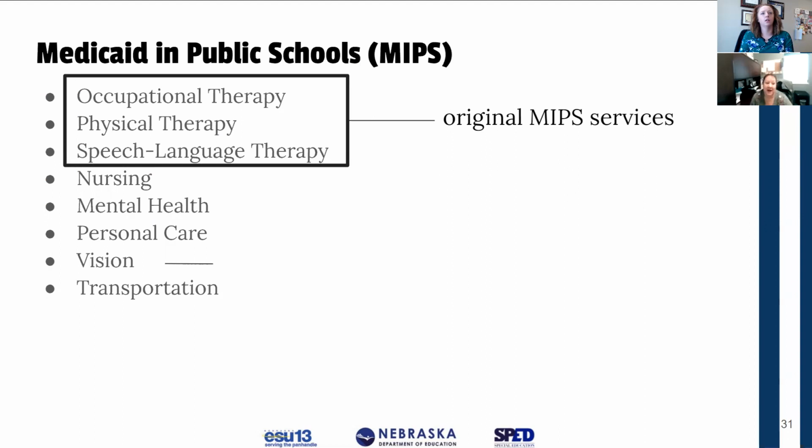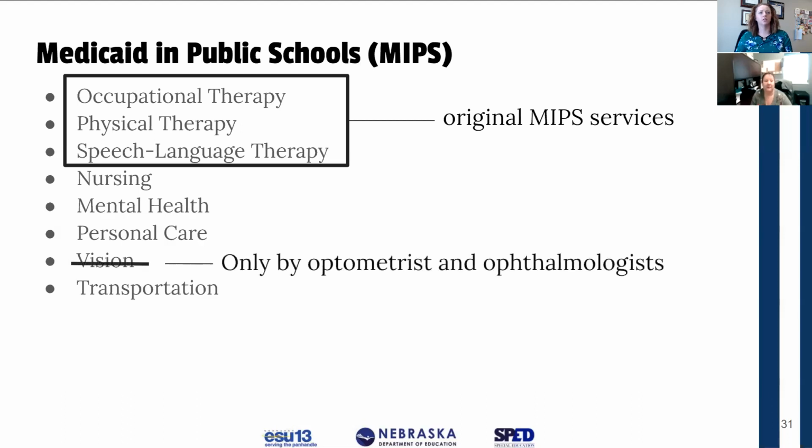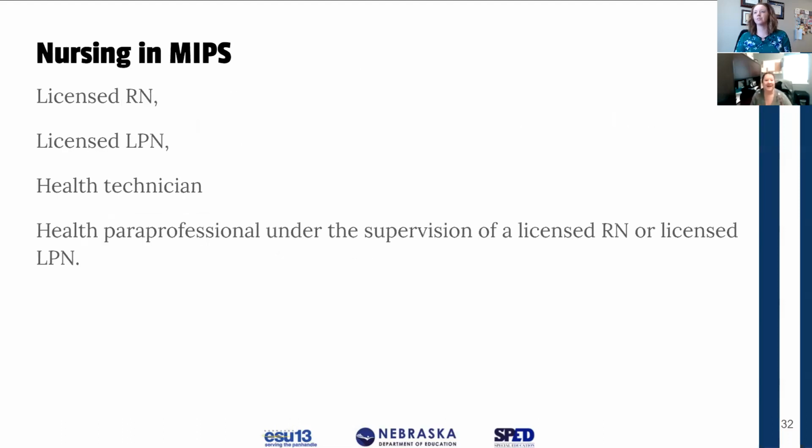Since then, they have added nursing, mental health, personal care. Vision is included, but there's a couple fine lines there, and the only way we can claim it is through these. And then transportation is another one that districts can claim for MIPS.